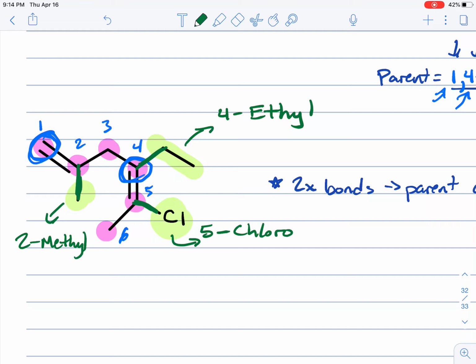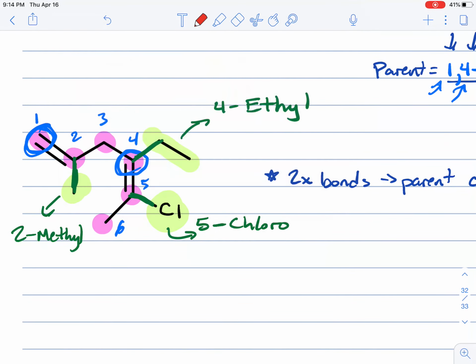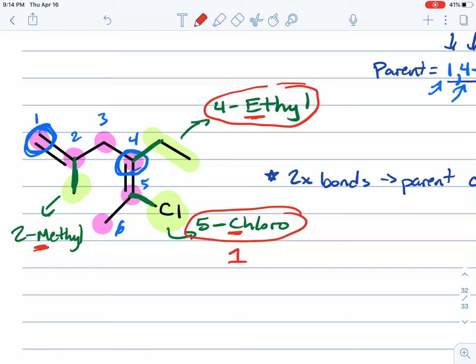Okay. And so now that I have all of my substituents named and labeled, I'm going to go ahead and put them in alphabetical order. And so it looks like the first letter that I'm going to start off with is going to be chloro because it starts with a C. So this is going to be named first, A, B, C, D, E. So this is second.